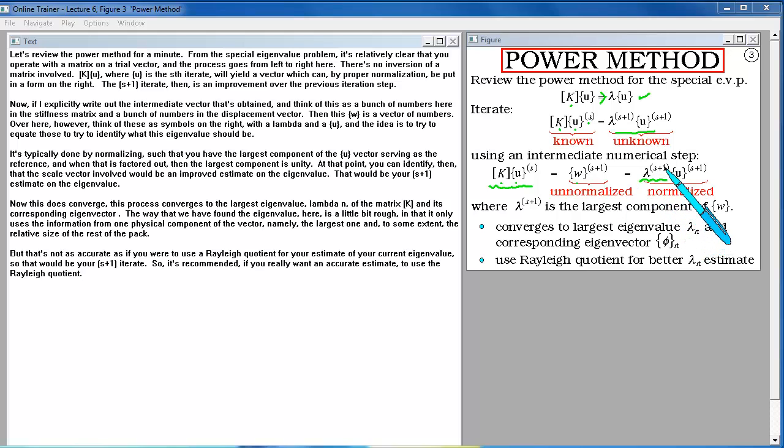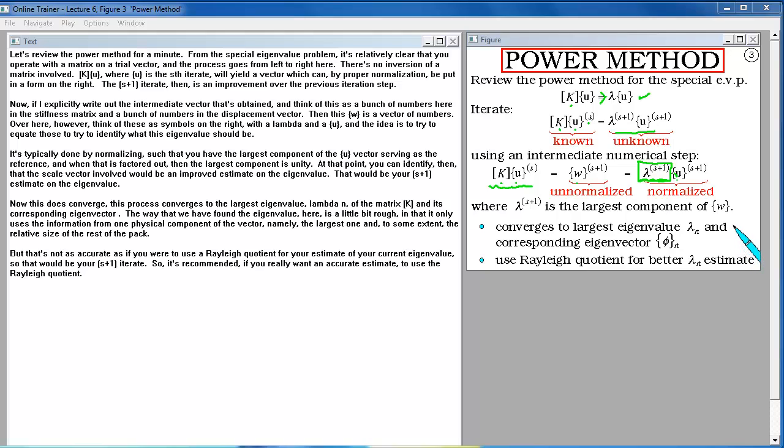It's typically done by normalizing such that you have the largest component of the U vector serving as the reference, and when that is factored out, then the largest component is unity. At that point, you can identify that the scale factor involved would be your improved estimate on the eigenvalue. That would be your S plus first estimate on the eigenvalue.